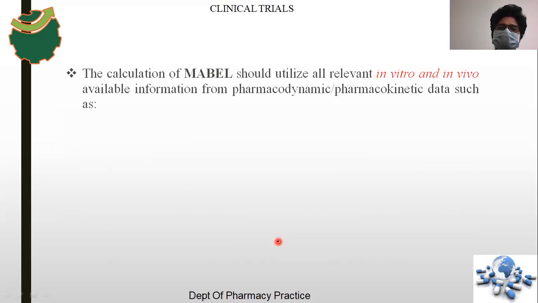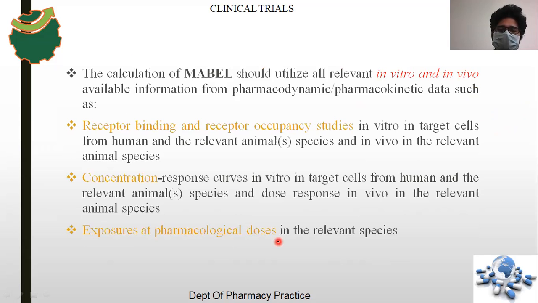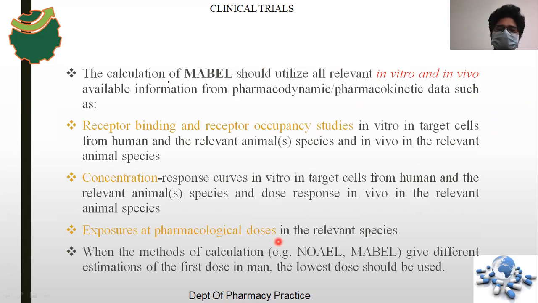For the calculation of the MABEL approach, you are going to utilize the entire data we have got till now, in animal studies or human studies, like in vitro and in vivo studies, receptor binding studies and receptor occupancy studies.